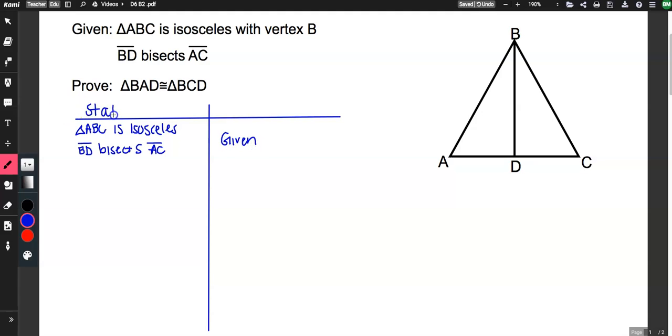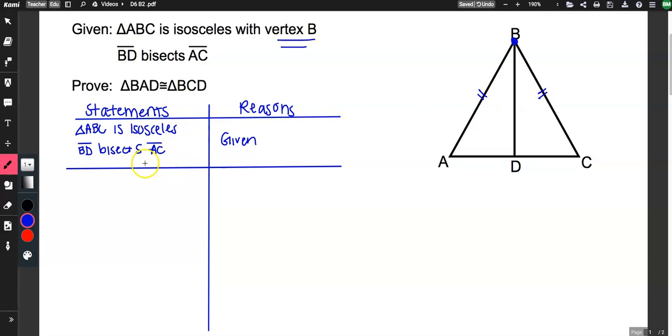Sorry, here on the left are our statements, and the right side are the reasons. Okay, so always same thing for step 1. Now, using that given information, let's start to label some things on our picture based on what that means. The vertex is very important for the isosceles triangle. So if the vertex is up here, that means that these are two congruent sides, the sides coming off of the vertex.